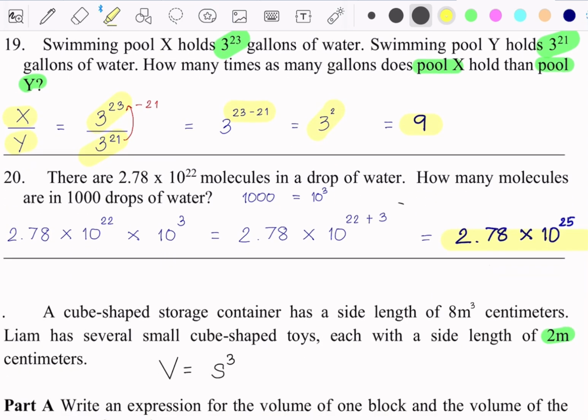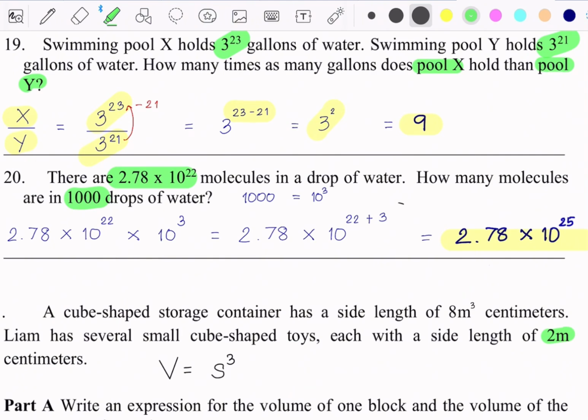Question number 20. There are 2.78 times 10 to the power of 22 molecules in a drop of water. How many molecules are in 1,000 drops of water? So then we could say that 1,000 drops of water is just 1 times 10 to the power of 3, or 10 to the power of 3.